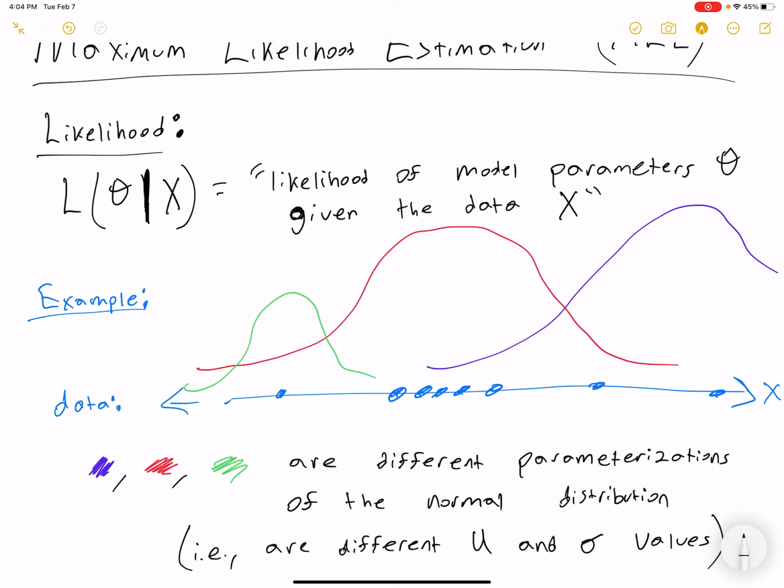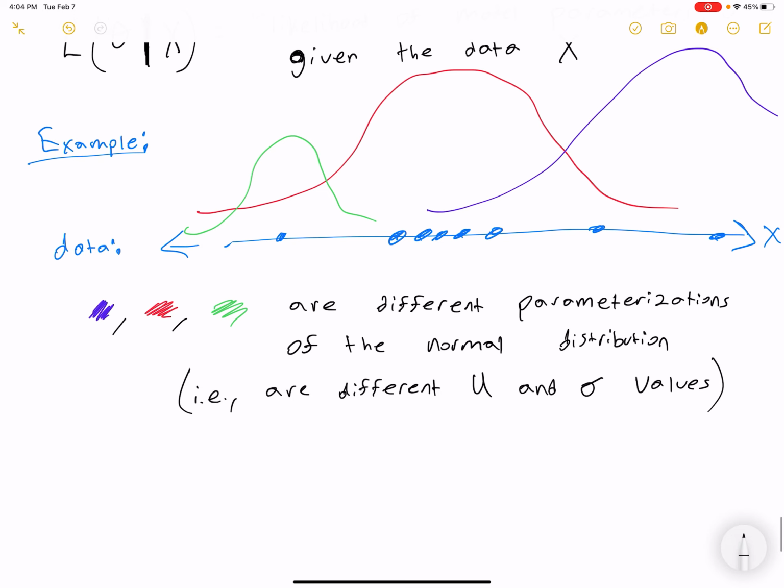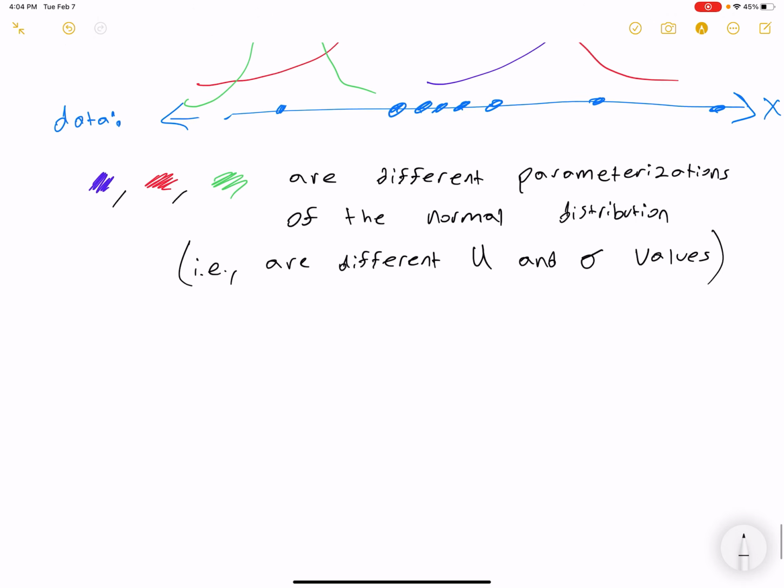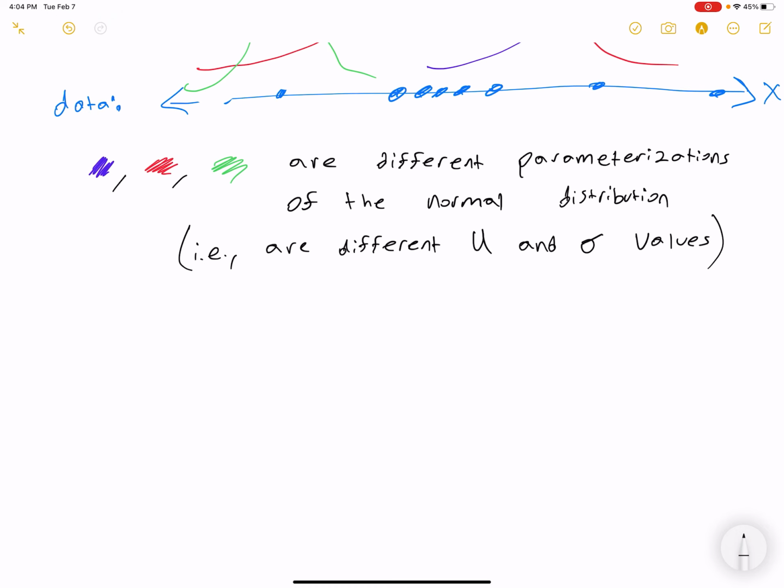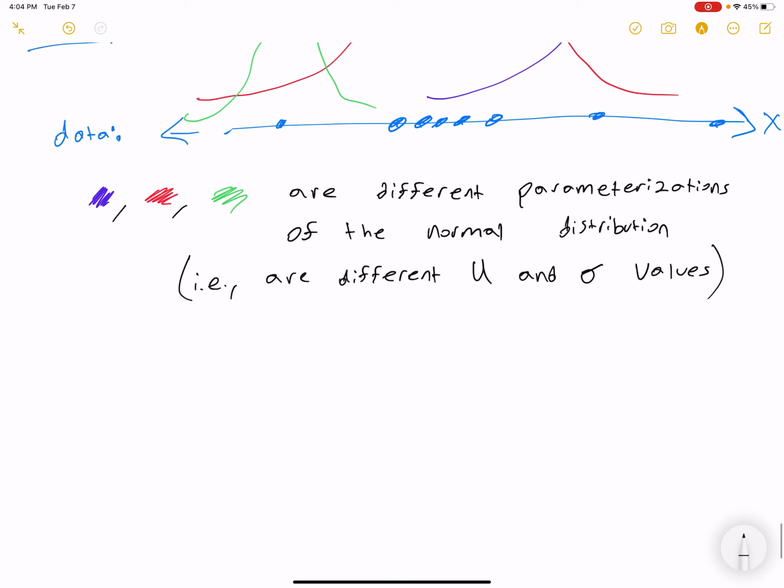Before we get there, though, let's just think about likelihood now for many independent data points. A big assumption in machine learning, as I said before, is that all the data points are independent.